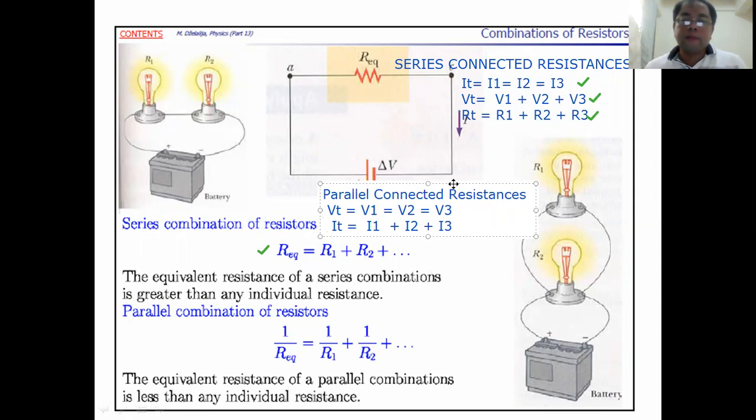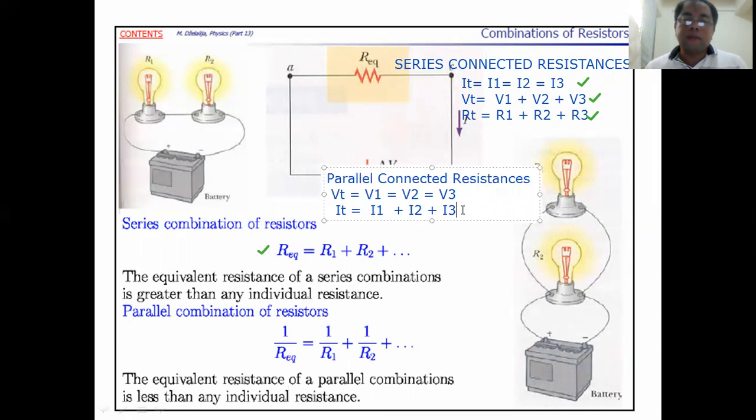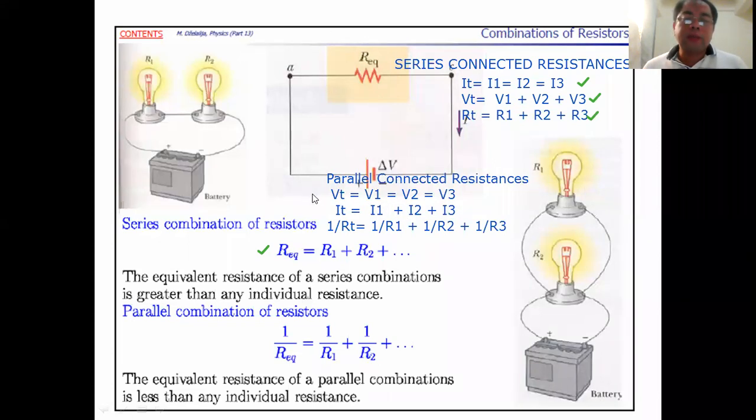And finally, the last principle here is that the value of our total resistance is the reciprocal of the individual resistances. So the reciprocal of the total resistance is equal to 1 over R1 plus 1 over R2 plus 1 over R3, if there are only 3 resistances there. If there are more, then we can add succeedingly. Now again, if you can remember, this has a resemblance to our concept in capacitance.